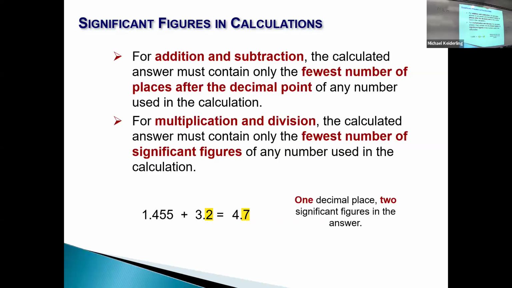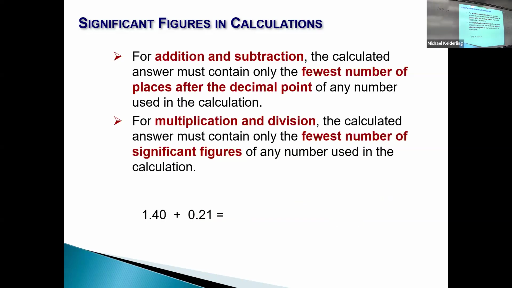So usually they work out the same. If you just want to remember fewest number of significant figures, that will always be acceptable. But I will work on the decimal place calculations just because I'm not going to penalize you for doing it more correctly.